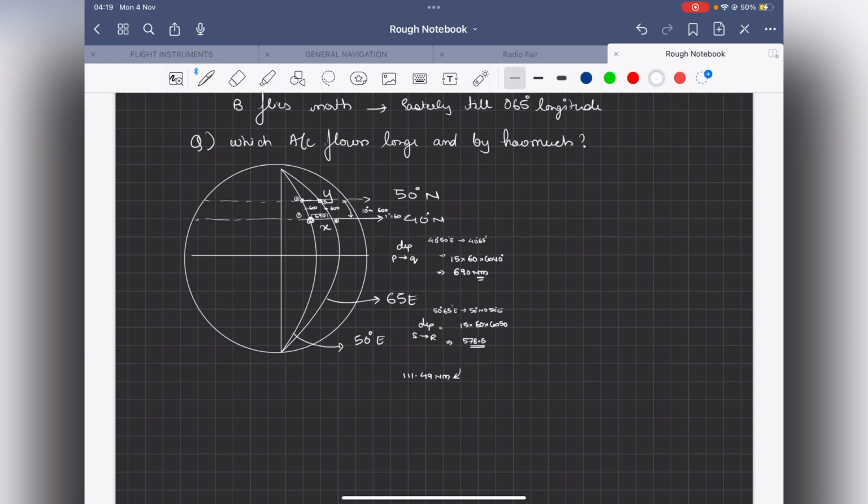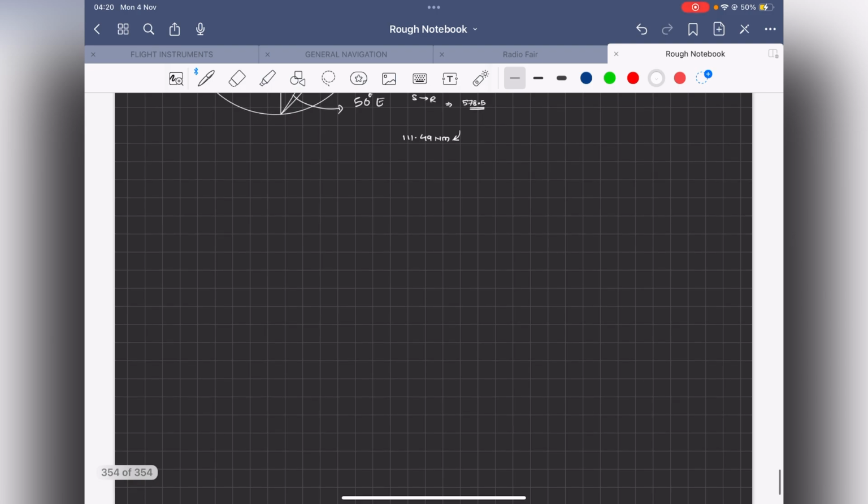Now there was also a simpler method to solve this whole question, right? If you think about it, what we could have also done is just find out the ratio between the two halves, the two sides.